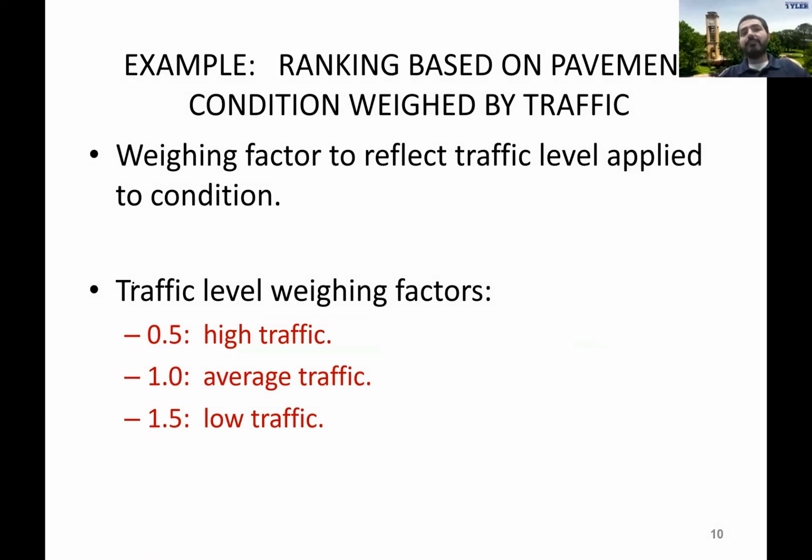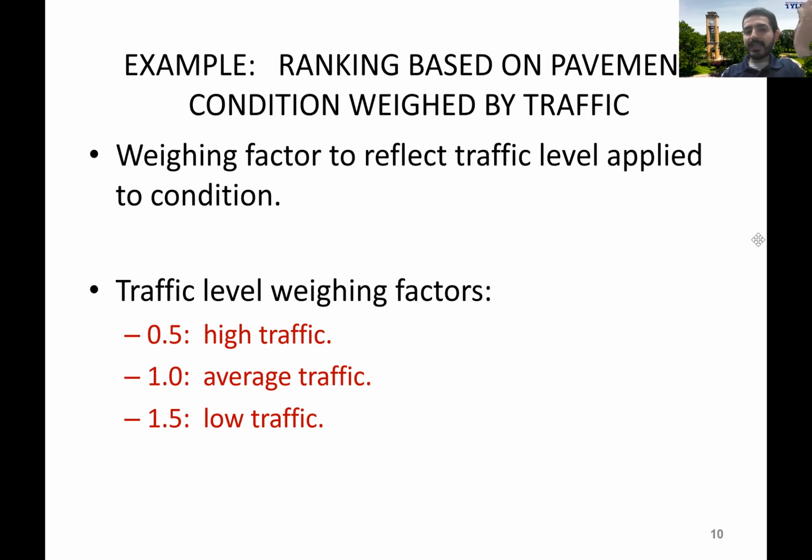However, if you now try to tweak things a little bit, and rank based on the pavement condition but also weighed by the traffic amount. Let's say that instead of just looking at the PCI, I really want to fix roads that are heavily trafficked. So now we're going to introduce a weighing factor to reflect such traffic level that's applied to the condition of the section.